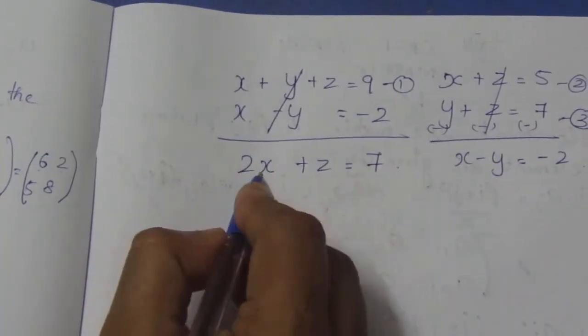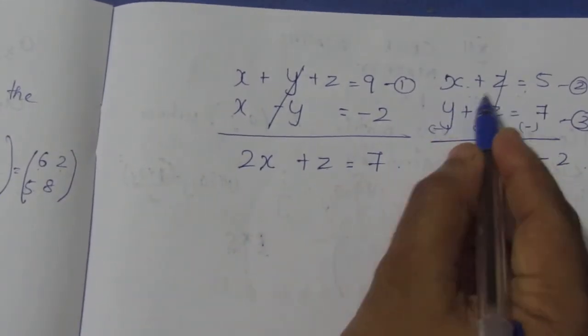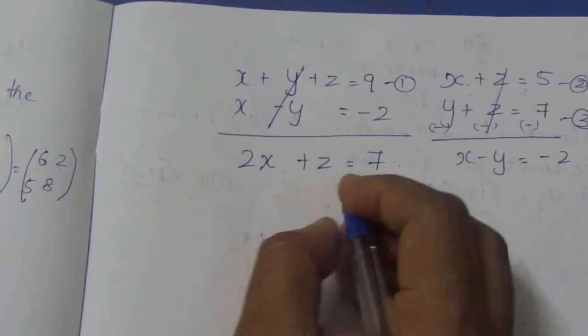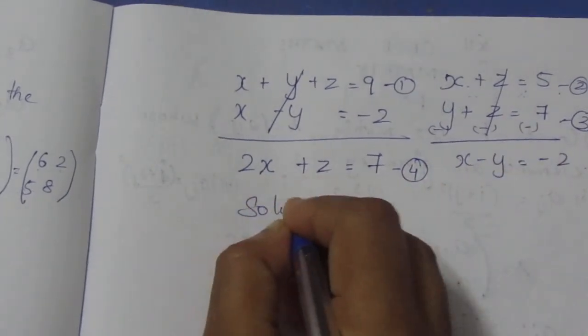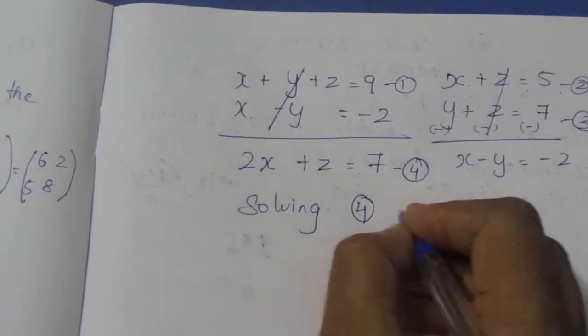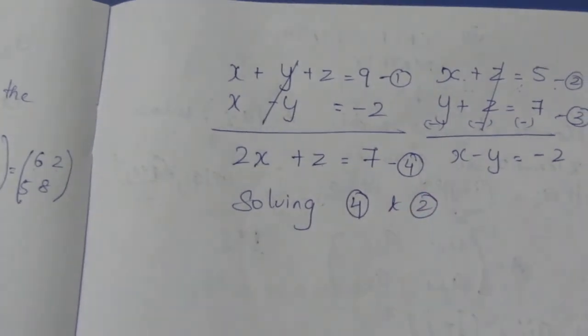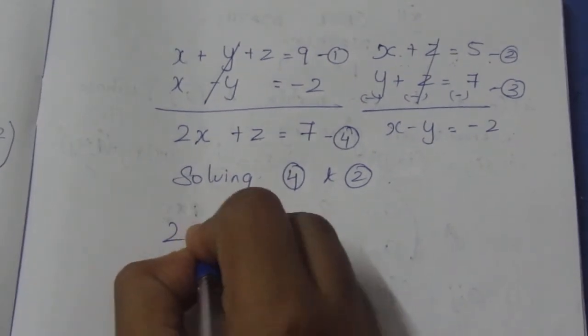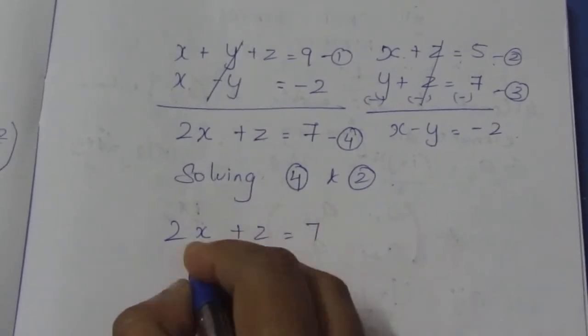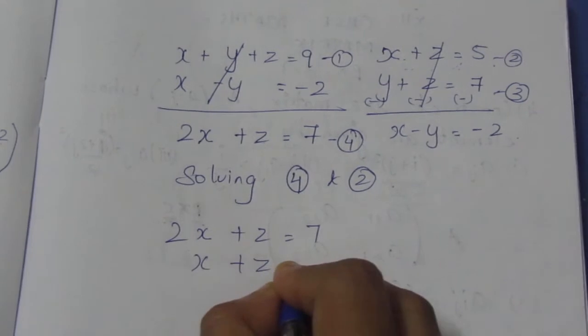Now we know x and z variable. Here also we have x and z variable. So let me solve the fourth equation with the second equation. Solving 4 and 2, I get 2x plus z is equal to 7 and x plus z is equal to 5.